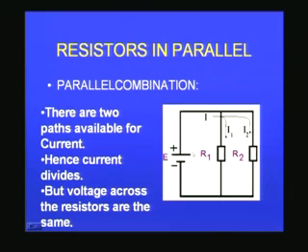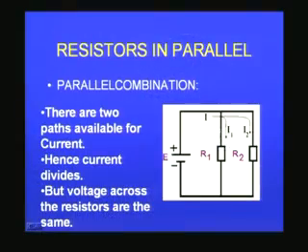So the immediate thing that you can see in a parallel combination is that the current divides, but something else is constant. Just as in a series resistor combination the current was a constant, here something else should be a constant. What is constant in a parallel combination? You can immediately see the voltage applied across each of the resistors is a constant.